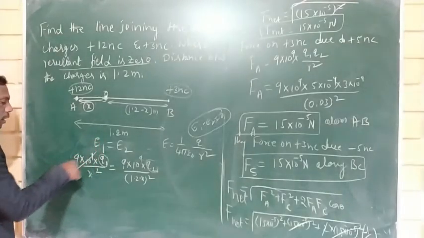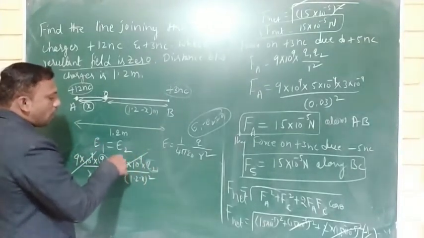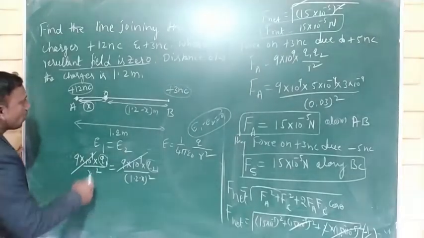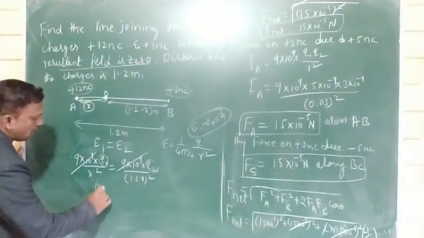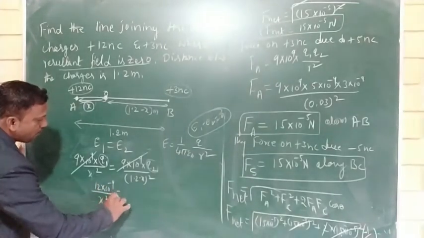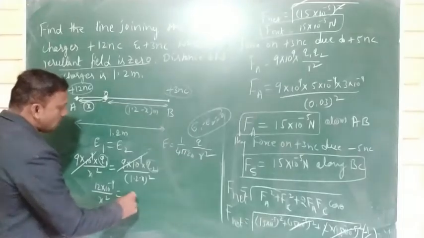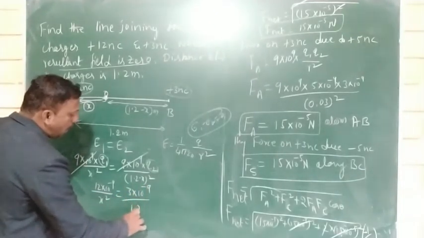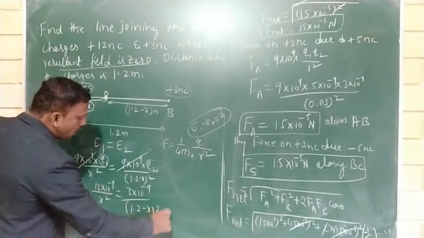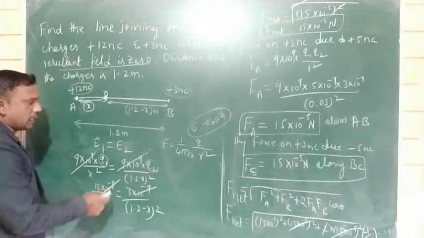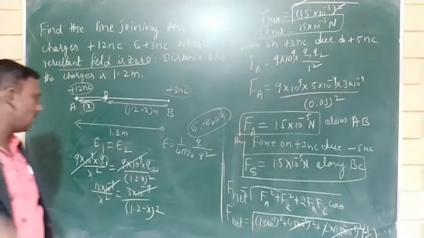9 into 10 to the power of 9 gets cancelled on both sides. The remaining terms are Q1, 12 into 10 to the power of minus 9, divided by x square, equal to Q2, 3 into 10 to the power of minus 9, divided by 1.2 minus x whole square. Here also 10 to the power of minus 9 gets cancelled on both sides.